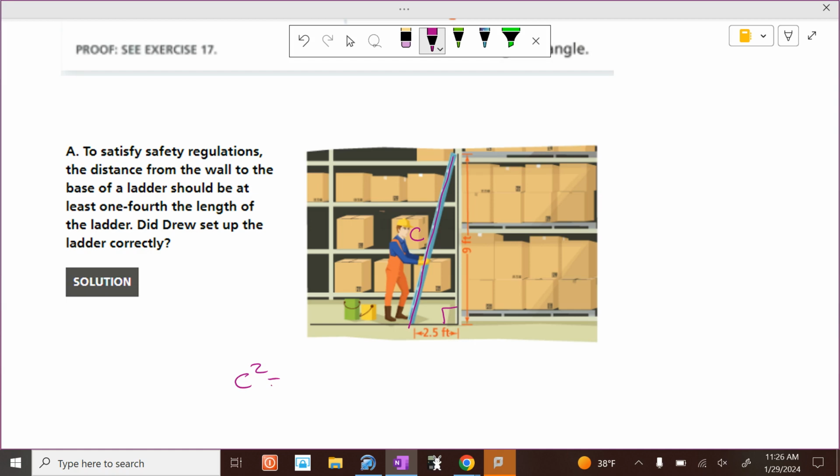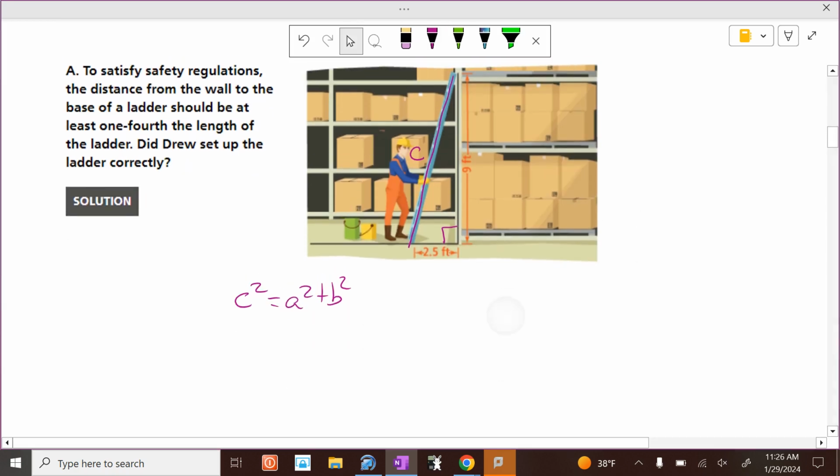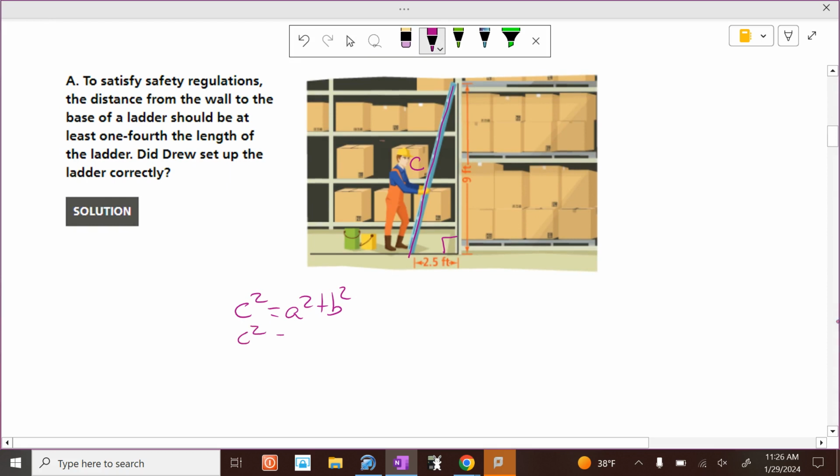So c squared equals a squared plus b squared. So c squared equals 2.5 squared plus 9 squared. 2.5 squared, I think, is 6.25. 9 squared is 81.